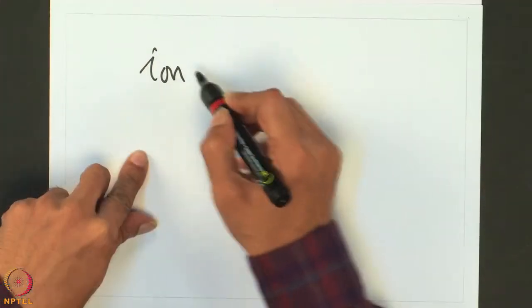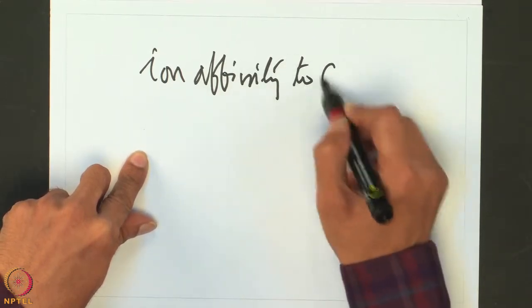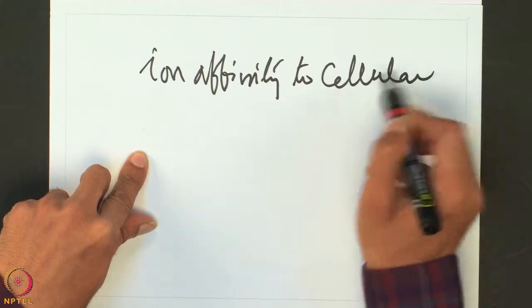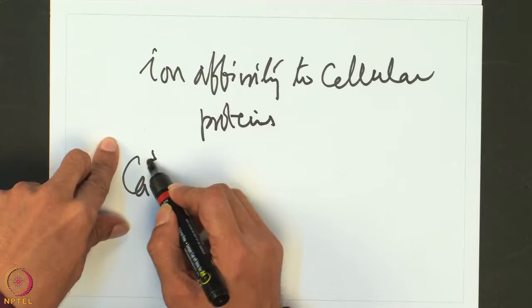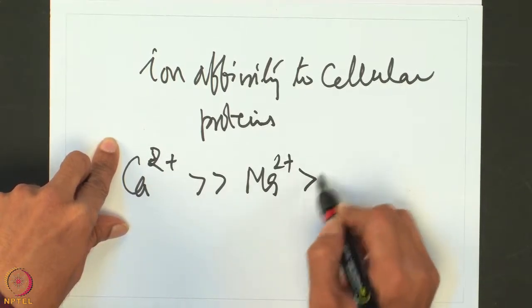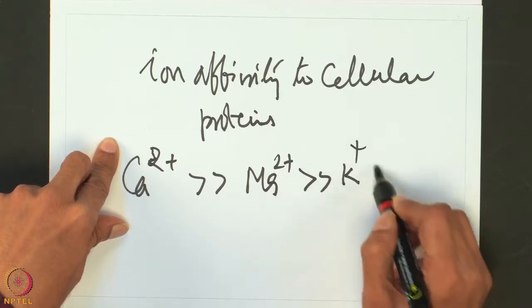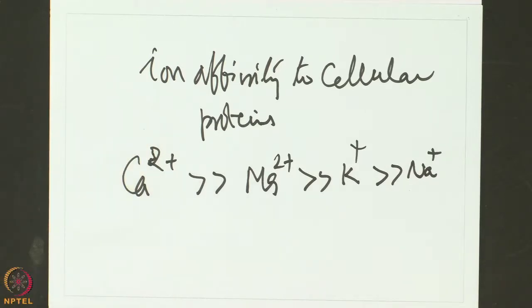This we have tried to understand, the ion affinity to cellular proteins: calcium 2 plus is much greater than magnesium 2 plus, much greater than potassium plus, much greater than sodium plus.